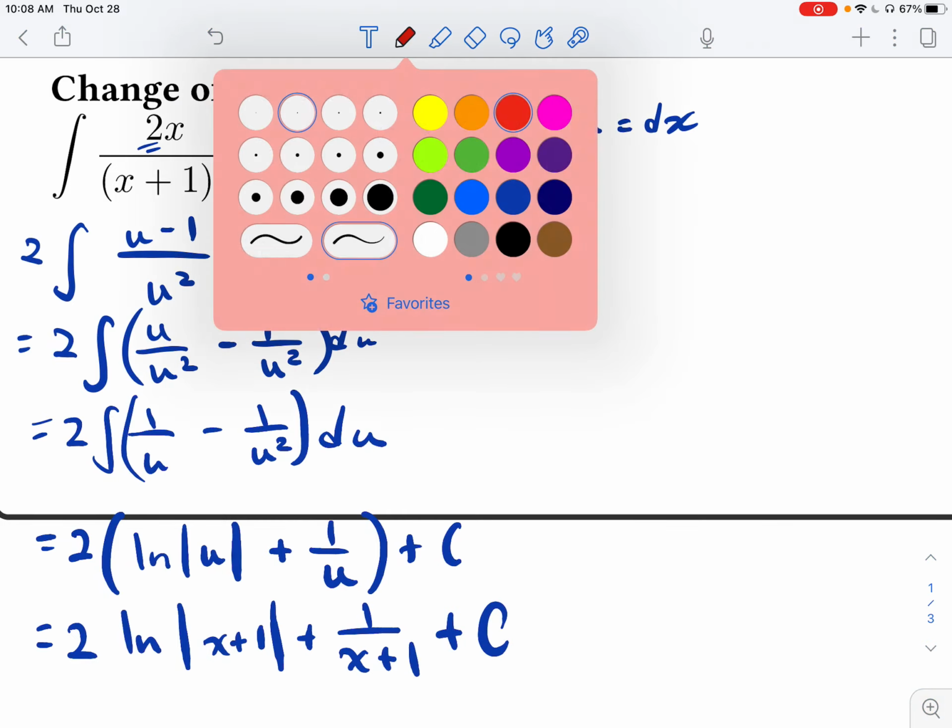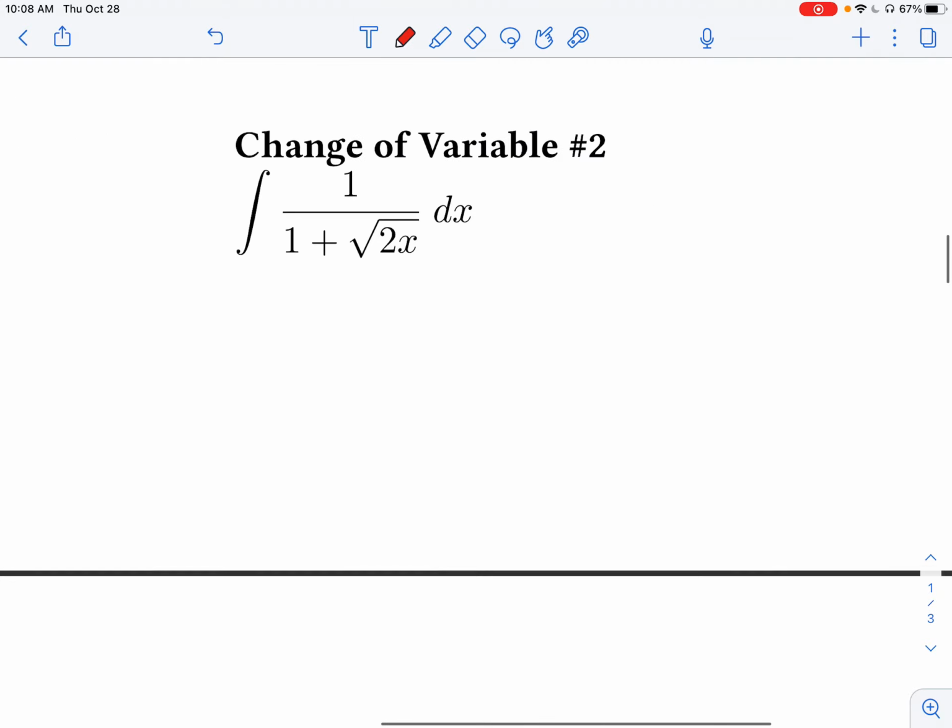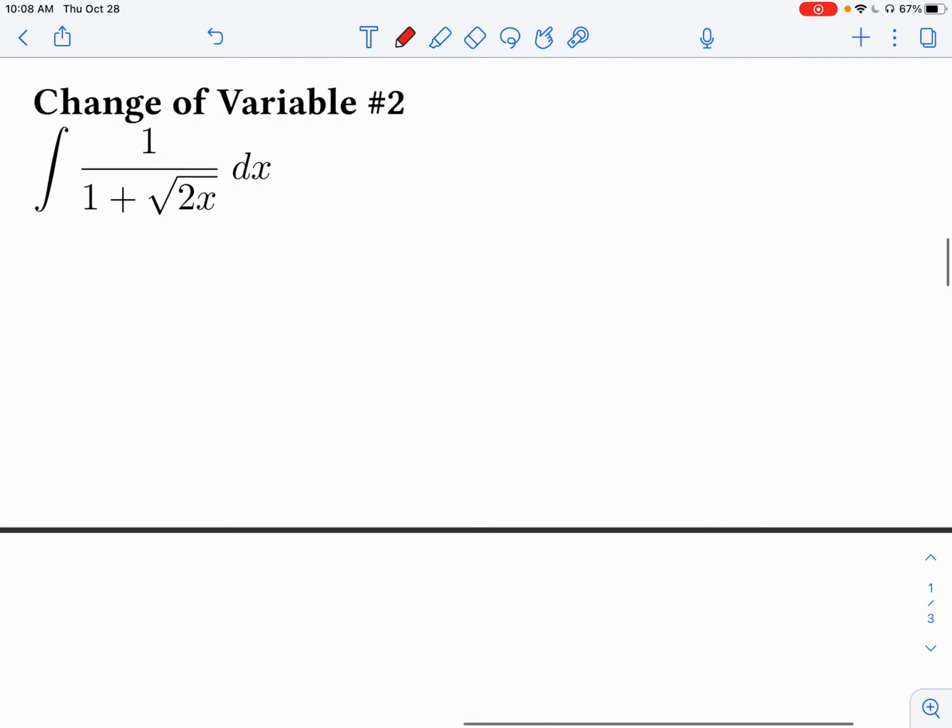All right? Okay. Let's try this last one here as another example of a change of variable problem. So here again, we're going to let u be equal to a more complicated expression here, root 2x, because then we could see here that du is equal to, well, there's a couple things.